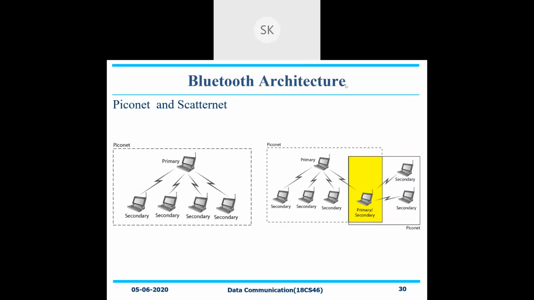With respect to Bluetooth architecture, we have two different types of architecture. One is called Piconet, another is called Scatternet. What is a Piconet? What is a Scatternet? In the Piconet, one device will be the superior one, that is the master, and all the remaining ones will be secondary devices.